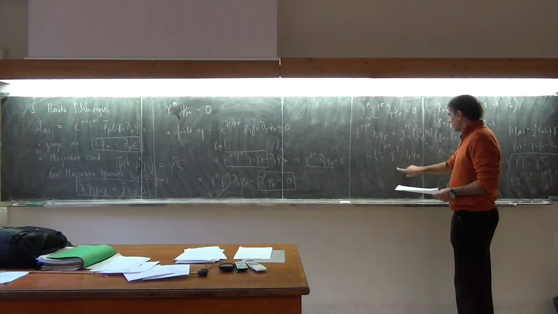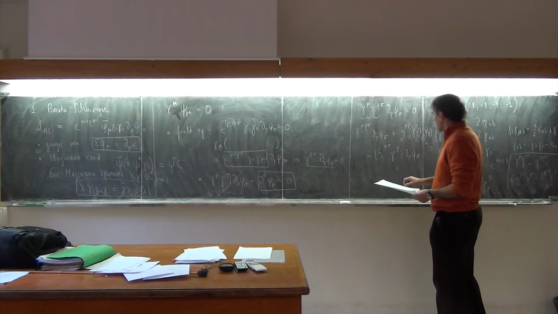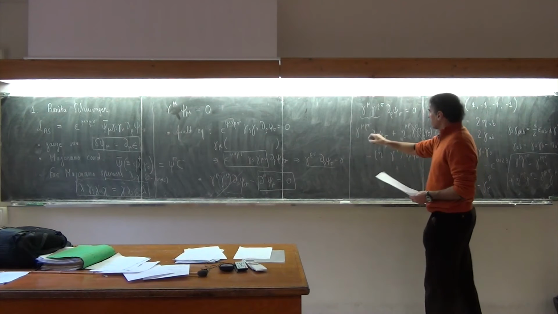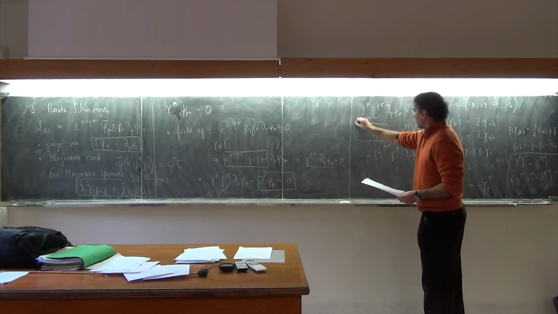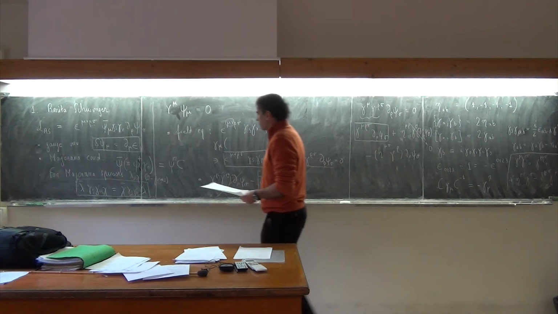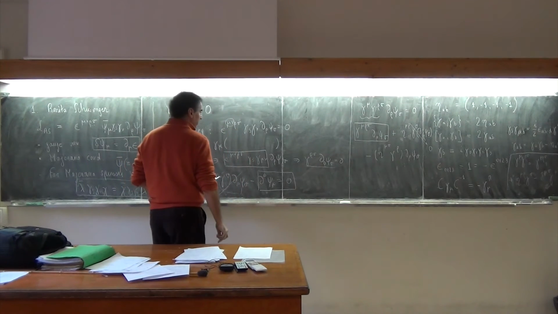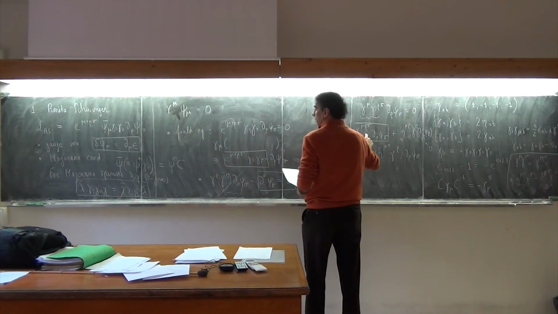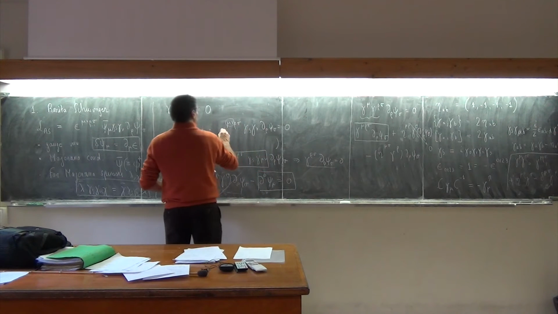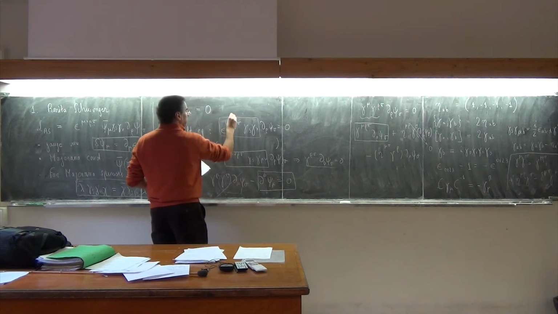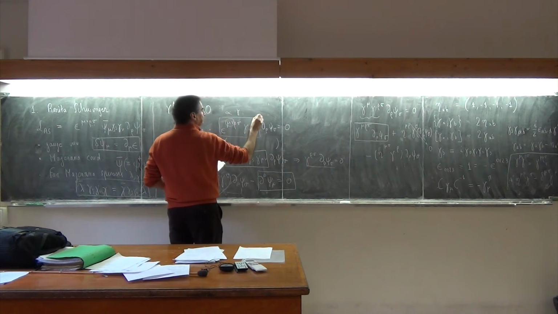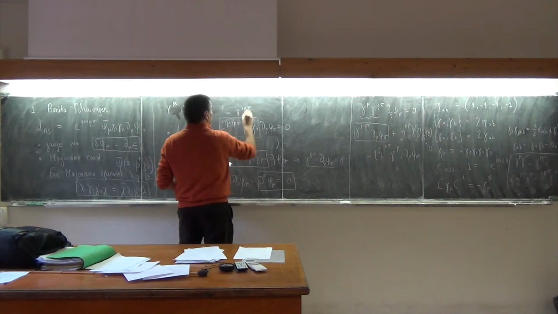But you find here the Dirac equation. In fact, this first piece is nothing but proportional to the equations of motion. I wrote them in this way, but this is really proportional to the gamma mu rho sigma.